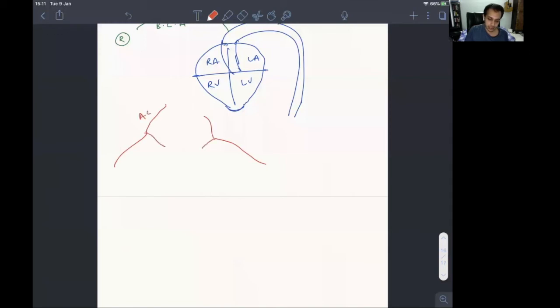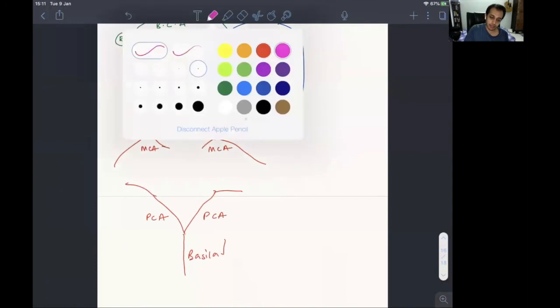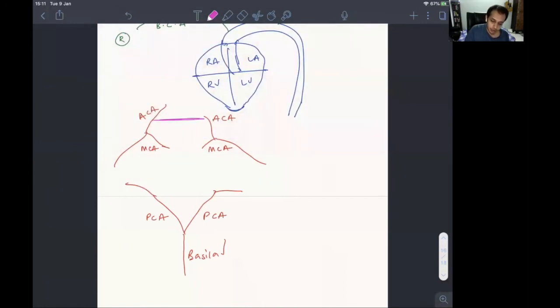So this is ACA on both sides, MCA on both sides. And here you have the basilar, and then you have both your posterior cerebral arteries. You have a communicating artery between your two anterior cerebral arteries, and a posterior communicating artery between the MCA and the PCA. So this is known as the circle of Willis.